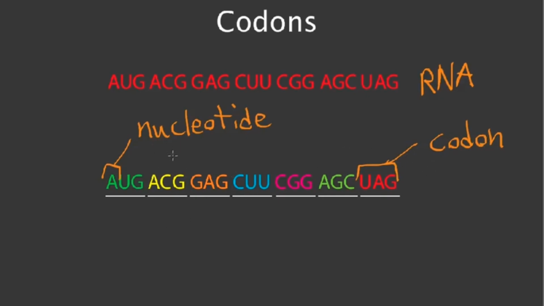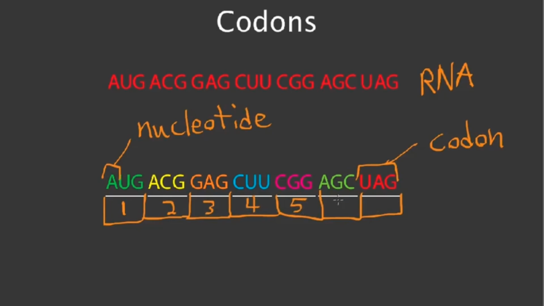And what each of these codons does is code for an amino acid. So AUG here codes for an amino acid. Amino acid 1, I'll just put a 1 here. With each of these codons coding for a different amino acid, all the codons put together code for a protein.